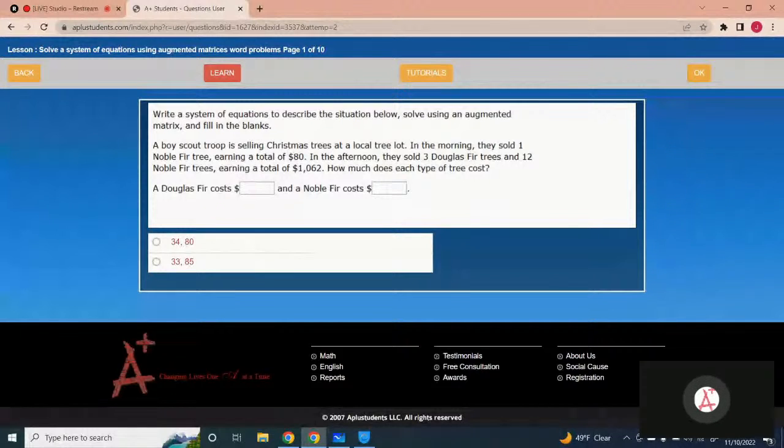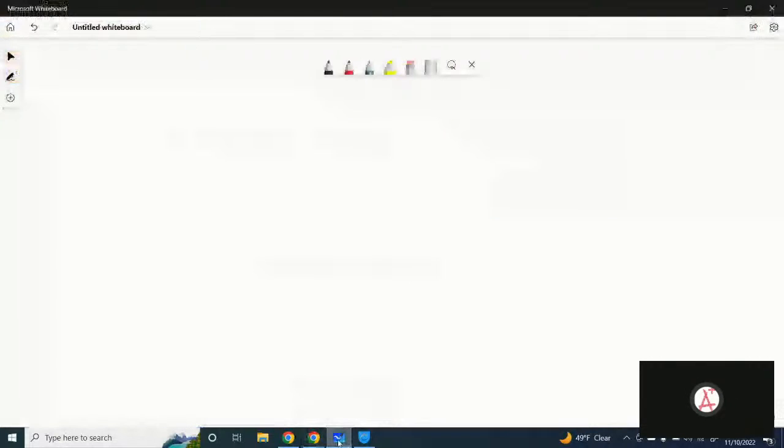Okay, so the equations are for one noble fir for $80. Let's suppose X is the cost of Douglas fir and Y is the cost of noble fir tree.